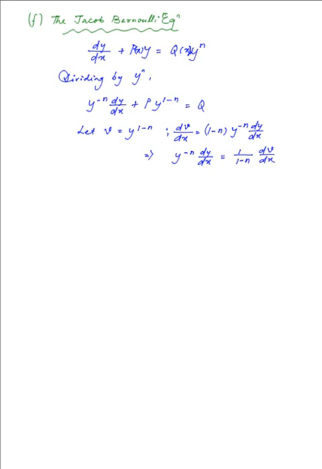Now we put all the terms that we have obtained into this equation. As you can see, y to the power minus n dy by dx is simply this thing, so we put it over here, 1 by 1 minus n dv by dx, and then we have p v and we have q. Now it looks like we are getting to the linear form where we can just multiply this entire thing by the 1 minus n factor.